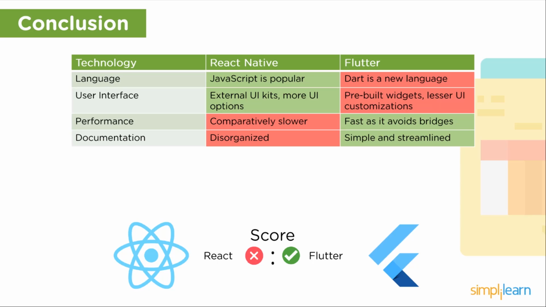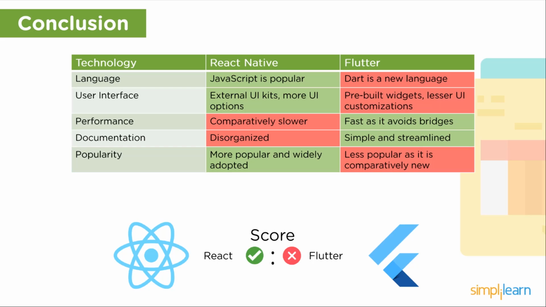The documentation is much better in Flutter because it's a closed ecosystem and they can control what you can use. React Native being open-ended, it really has a lot of third-party integration you can do, and hence the documentation is not really well organized. From the popularity perspective, React Native is much more popular among HTML5, CSS3, MERN, MEAN stack developers, since it's all JavaScript.